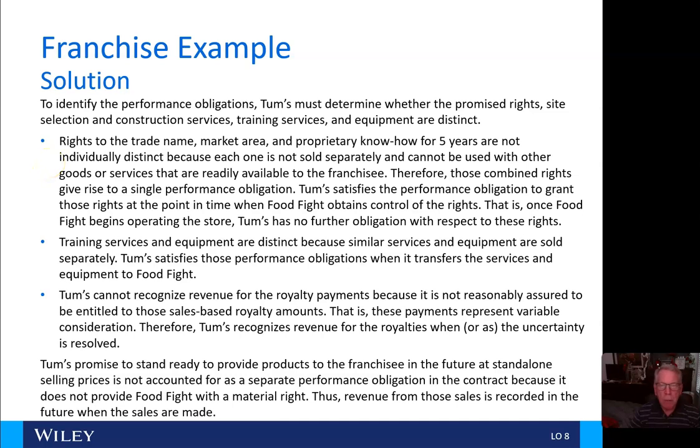Therefore, those combined rights give rise to a single performance obligation. Tums satisfies the performance obligation to grant those rights at a point in time when Food Fight obtains control of the rights. That is, once Food Fight begins operating the store, Tums has no further obligation with respect to these rights.